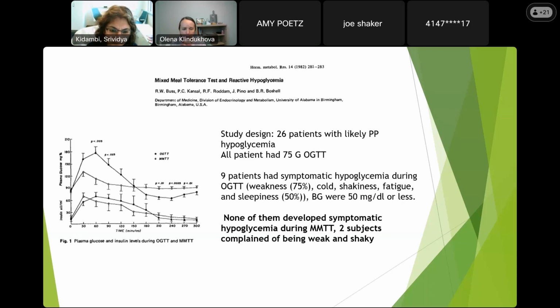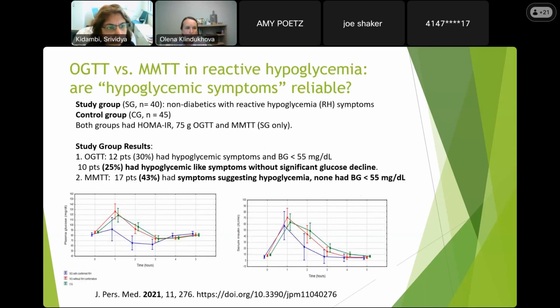They used a cutoff of 70, and 2 patients did complain of being weak and shaky. So that's the first study that tried to introduce the idea that there is a bit more to the story than hypoglycemia with symptoms or without.